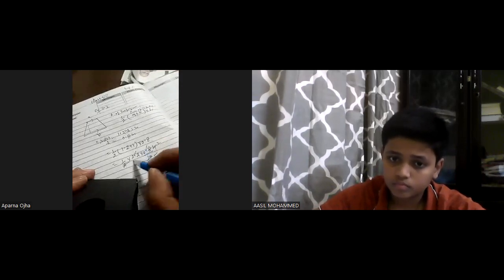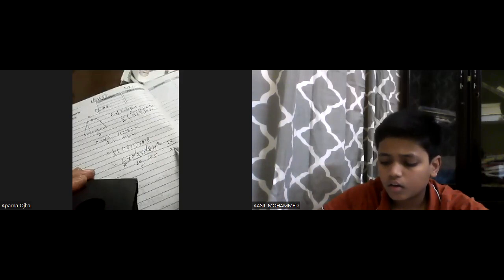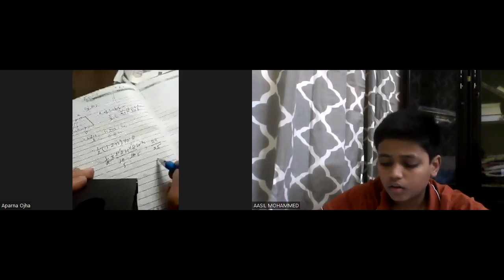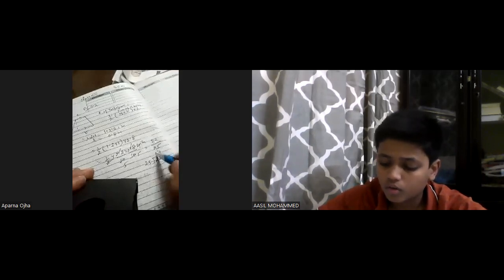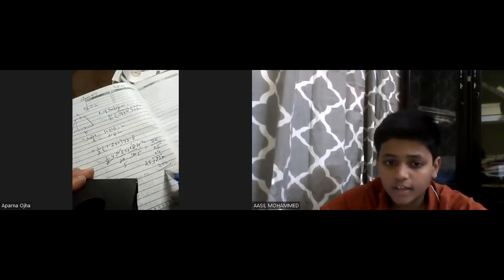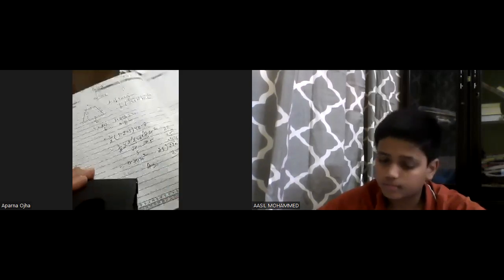Upon 10, so 2 fives are 22 upon 5 fives are 25. Then 22 and 25 you can divide. 25 fours are 200. Calculation you can do accordingly. The answer is 0.44. Area is there, so the unit will always be square.